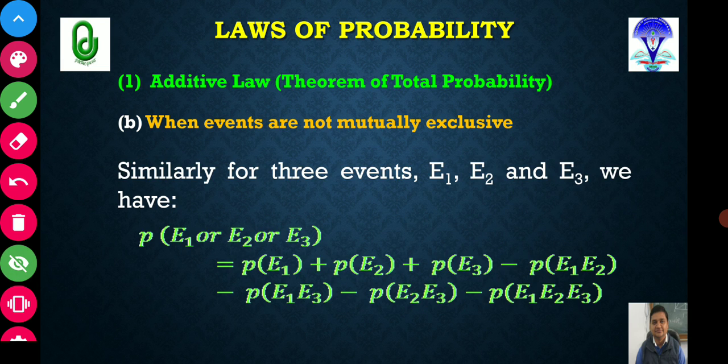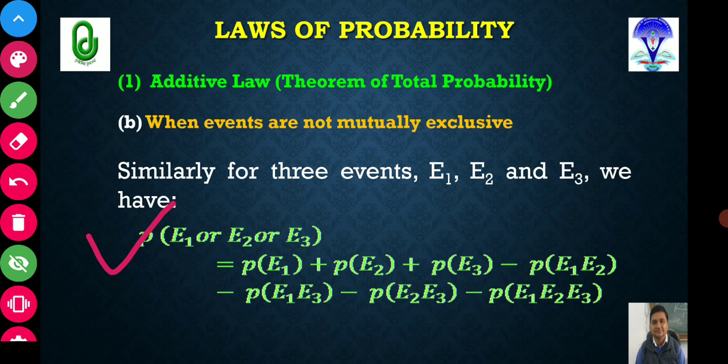Now you can see when events are not mutually exclusive and there are many events. Here I have taken one example of 3 events, that is P(E1 or E2 or E3). What will be the probability of either E1 or E2 or E3? The probability will be the individual probability of event 1 plus individual probability of event 2 plus individual probability of event 3.